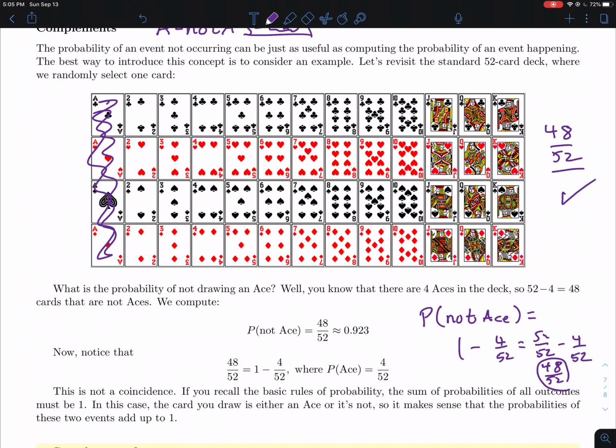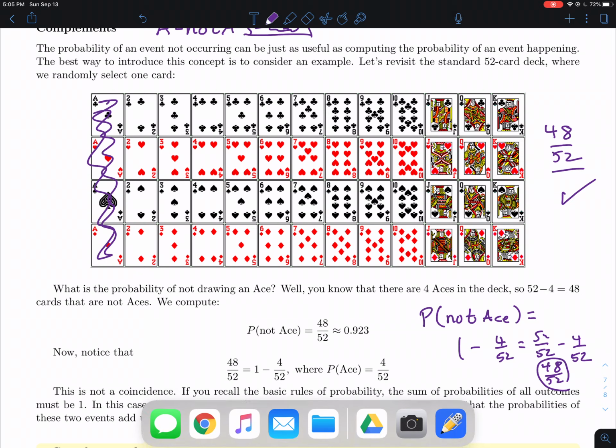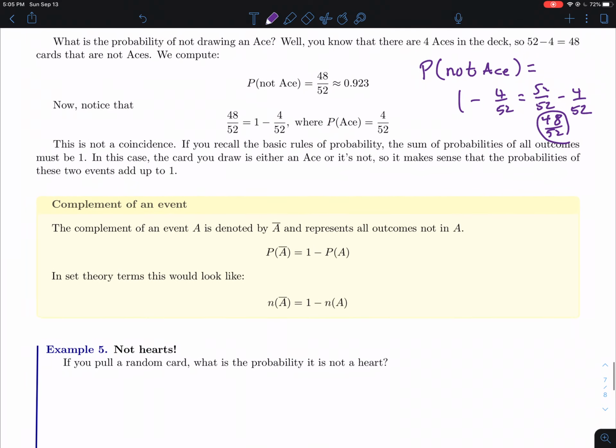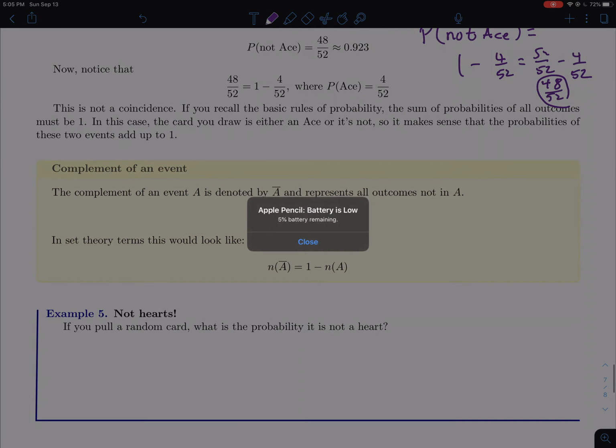So the probability of not finding an ace is the same thing as 1 minus the probability of finding an ace. You can either eliminate the aces from your chart, count up all the other numbers and figure out what you get, or just do 1 minus and figure out the probability that way. They both work, and that comes from the rule that all the probabilities add up to 1.